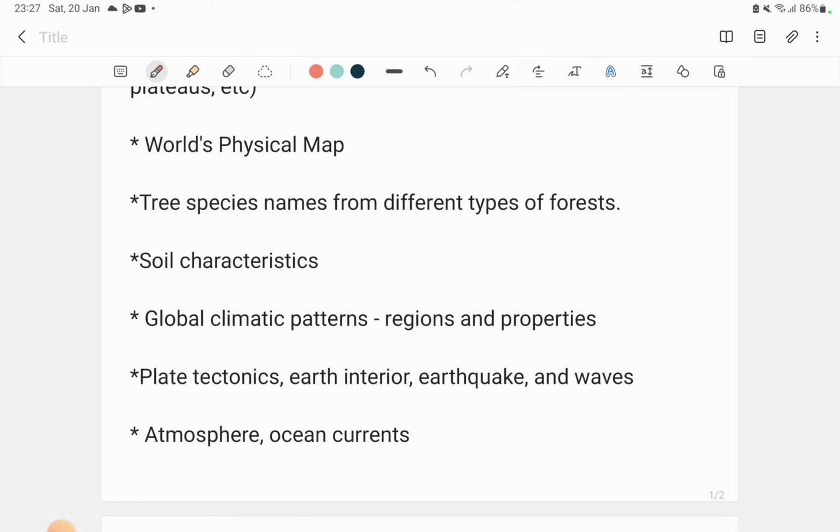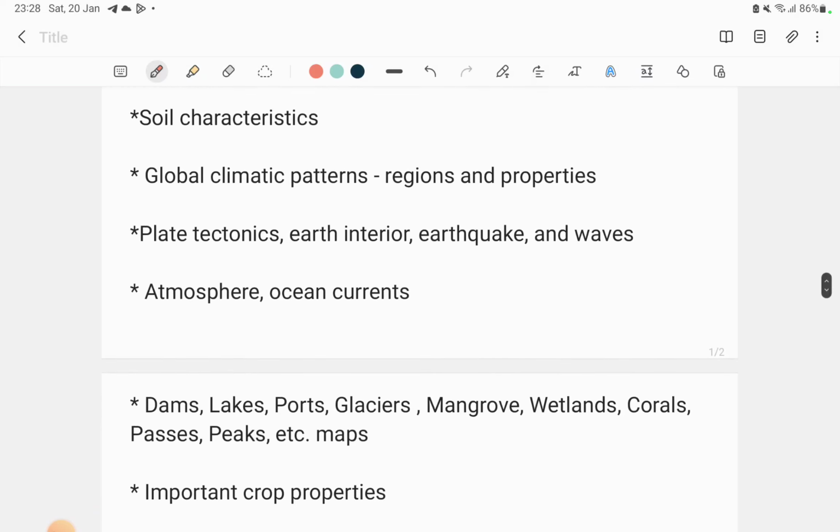You read those chapters and try to make notes on each pattern, one page of notes on each pattern. Try to write about the characteristics of the tree species, what activities are carried out, how the climate is in that particular zone, which countries actually fall in these types of climatic patterns, etc. There are many questions asked on these global climatic patterns.